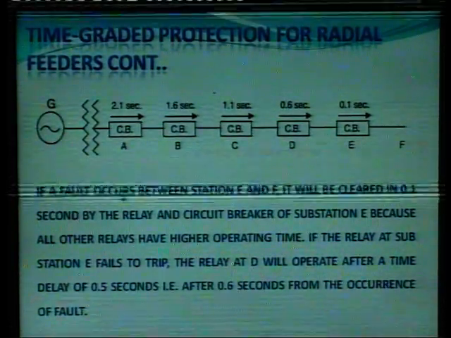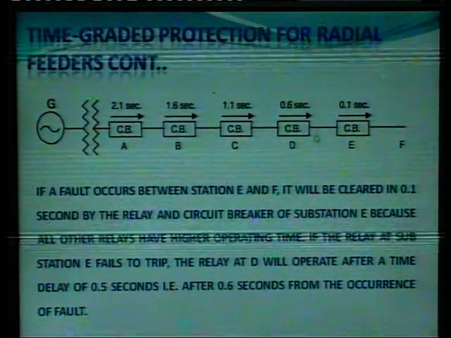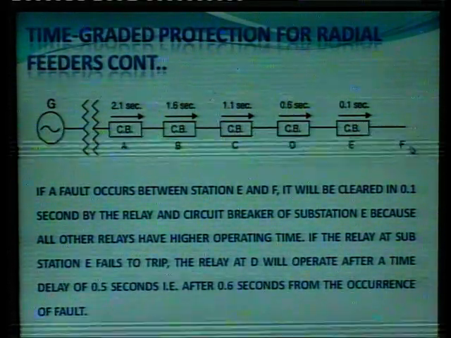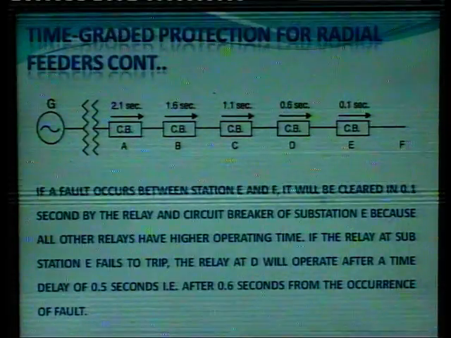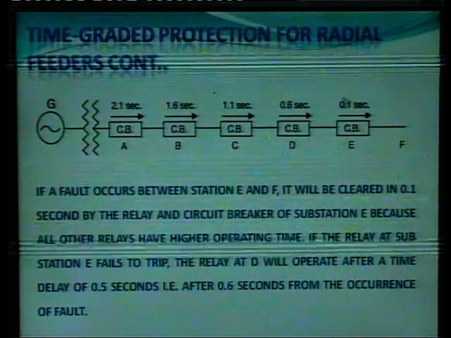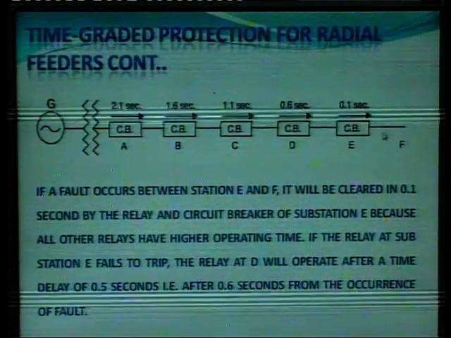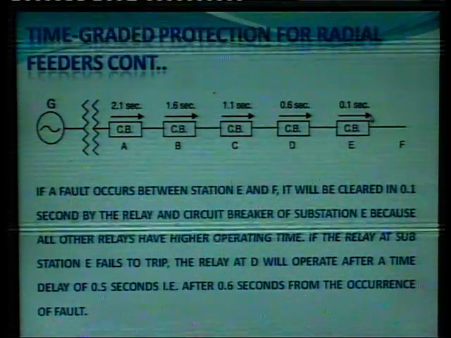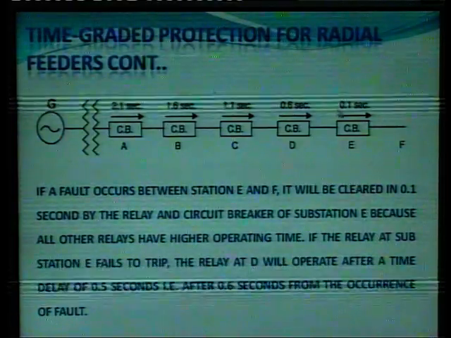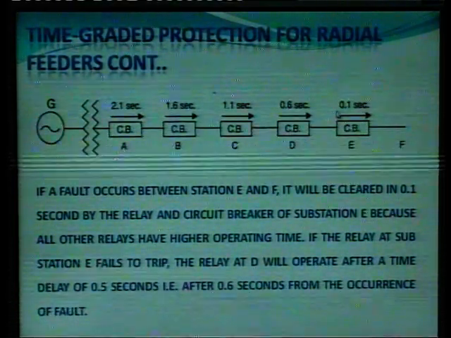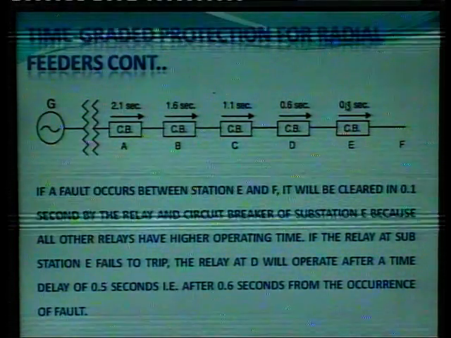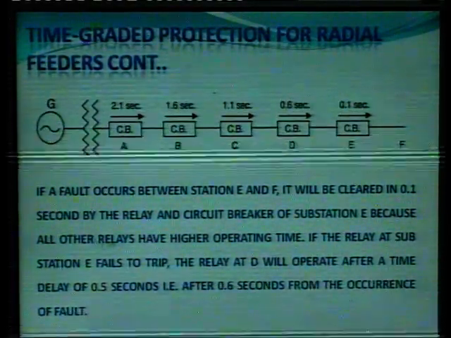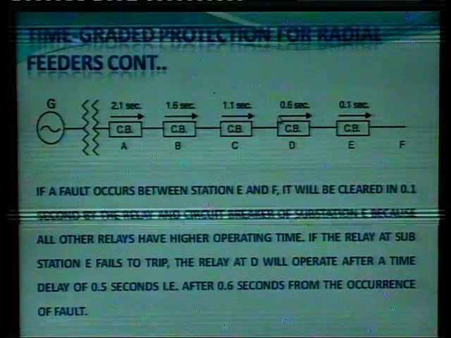Now, suppose a fault occurs between substations E and F. It will be cleared in 0.1 second, meaning for the fault between E and F, the circuit breaker having a tripping time of 0.1 second must operate, because all other relays have higher operating times.